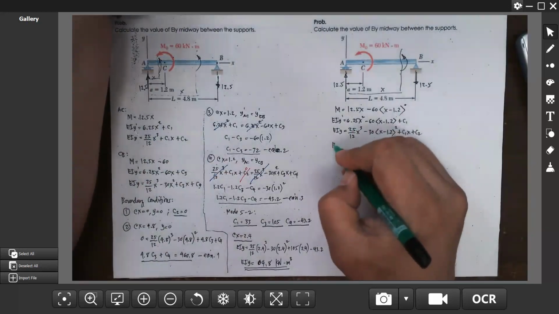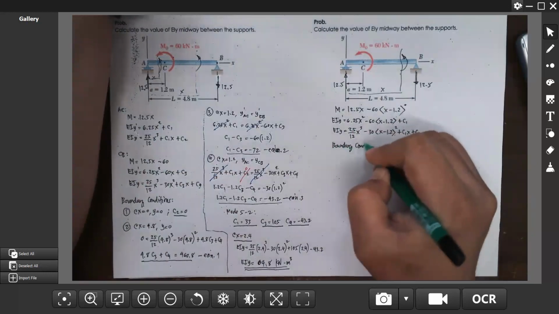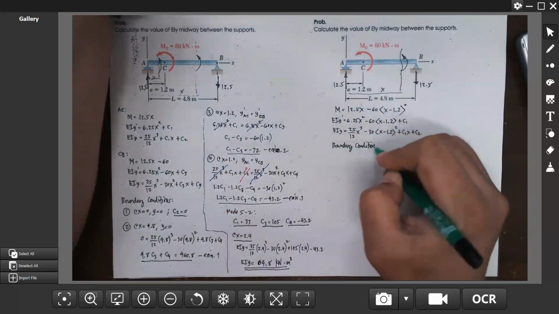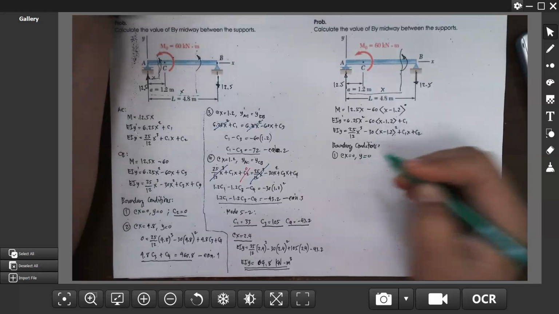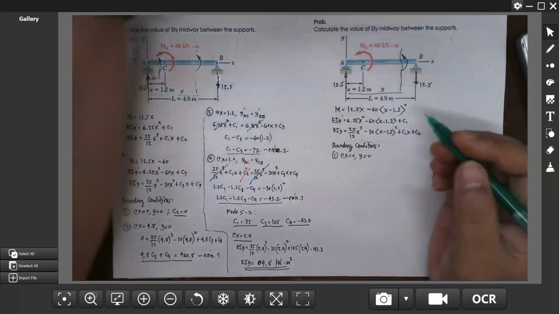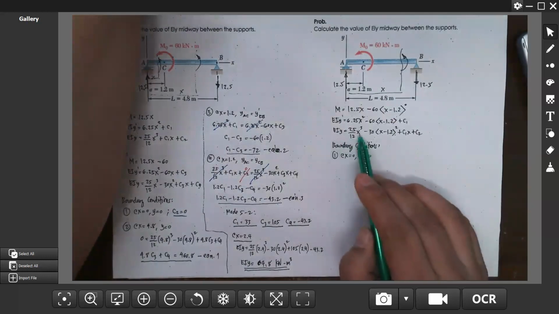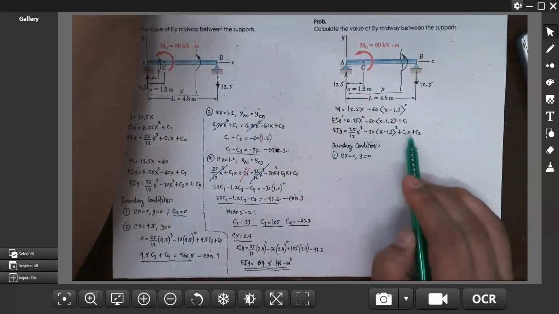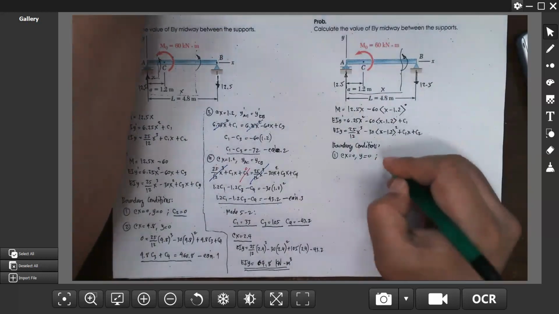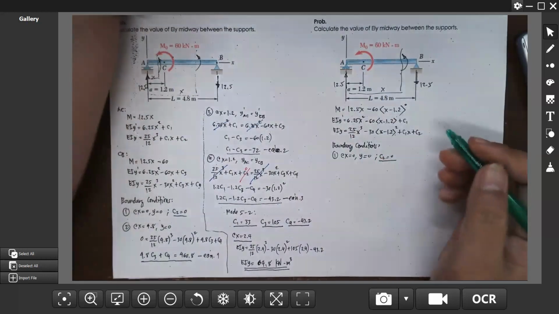And then the boundary conditions. One, at x equal to 0, y equal to 0. Here, the term is neglected, so C2 equals 0.